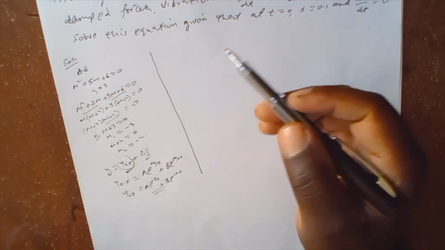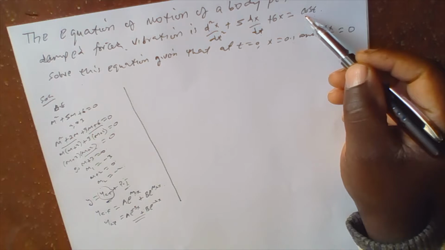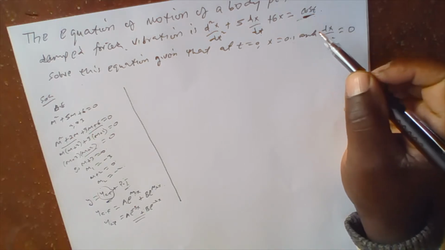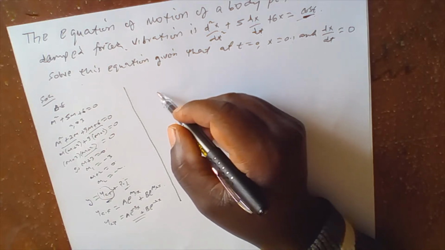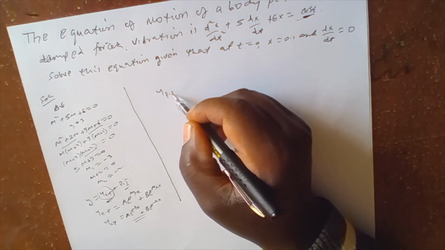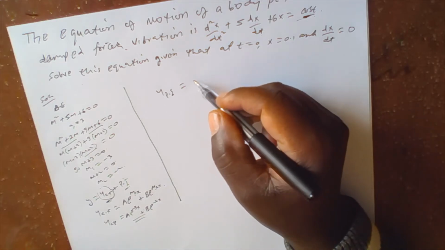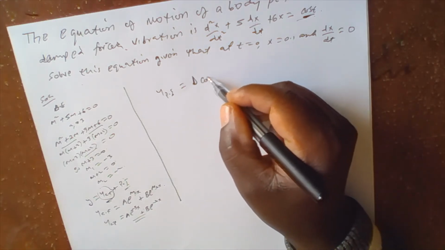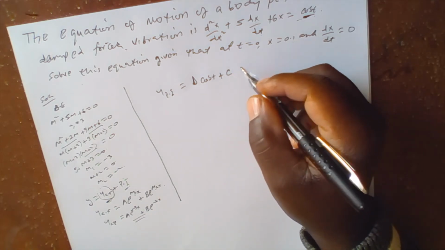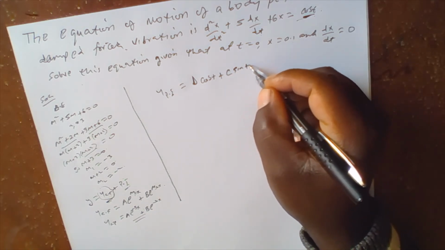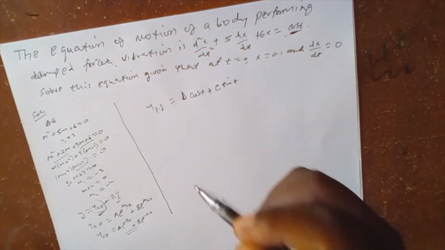Now, when the equation is given as cos t on this side, our assumed particular integral will be equal to d cos t + c sin t. So this will be our assumed PI.